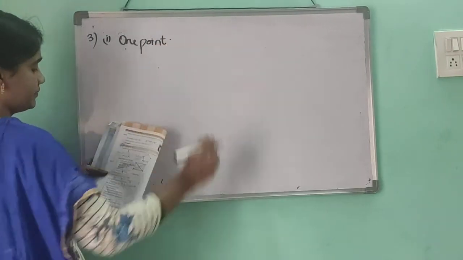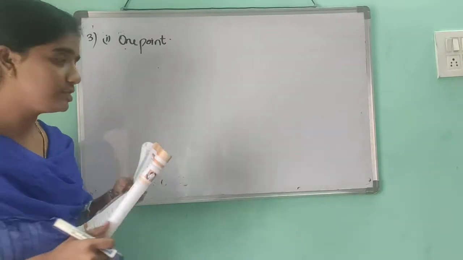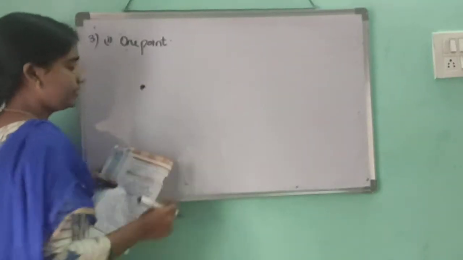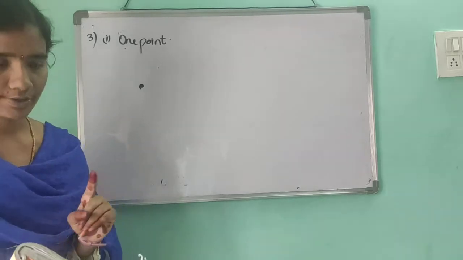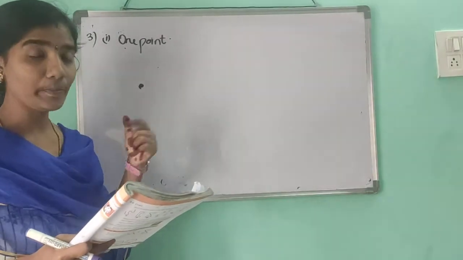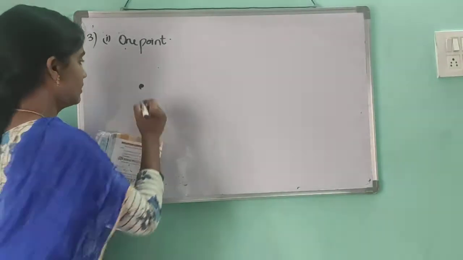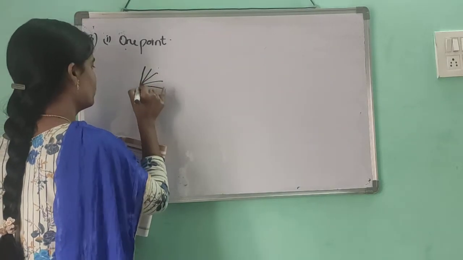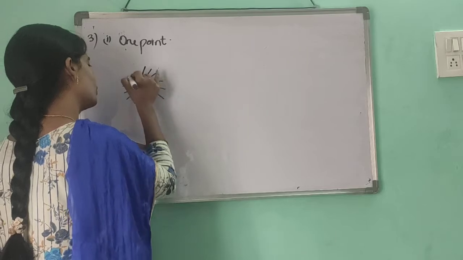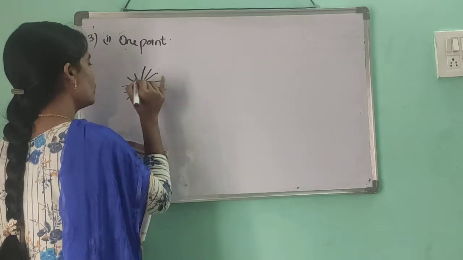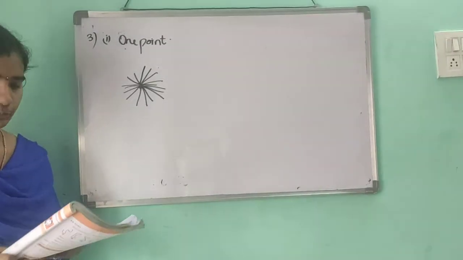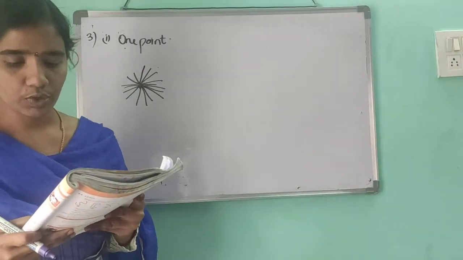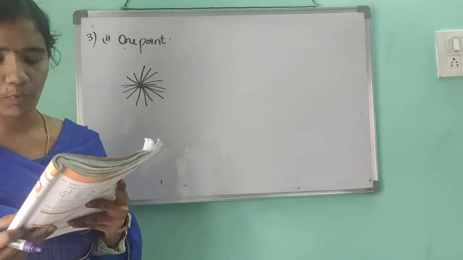By using 1 point, a point is nothing but a dot. How many lines can be drawn? It is infinity. This is your wish, you can draw so many lines. So this is infinity. Coming to the second one, two distinct points.